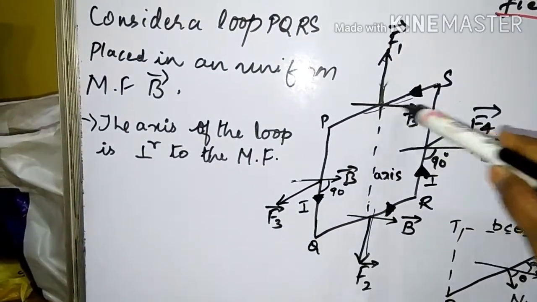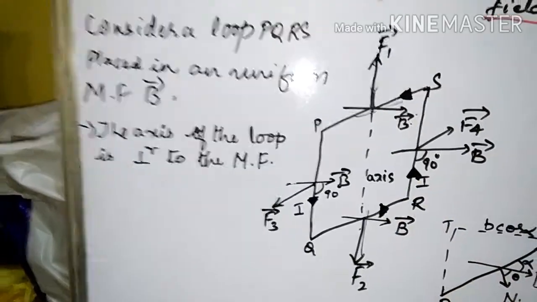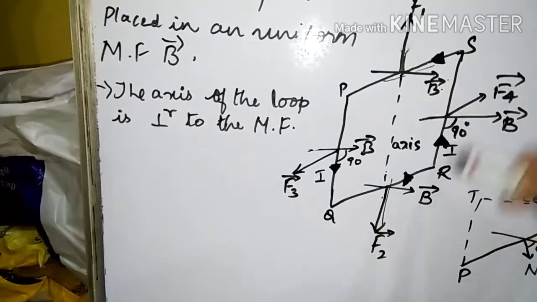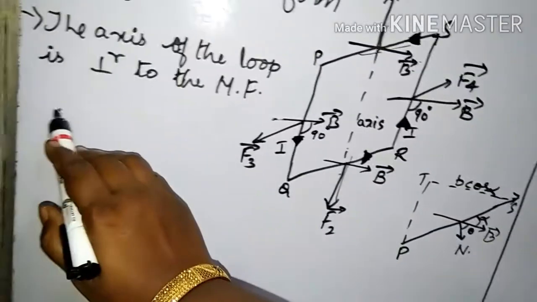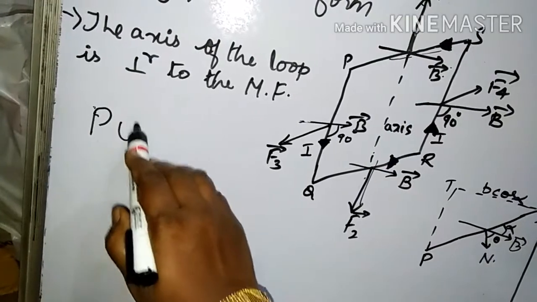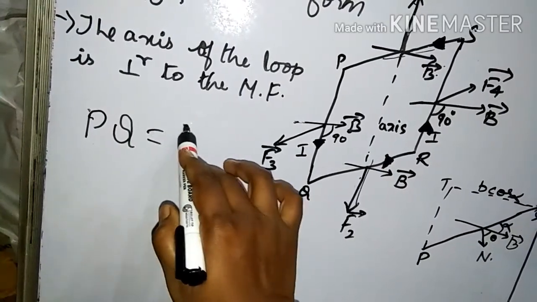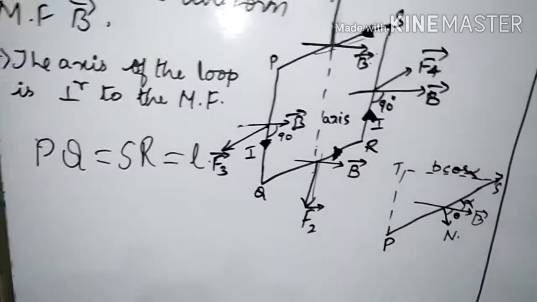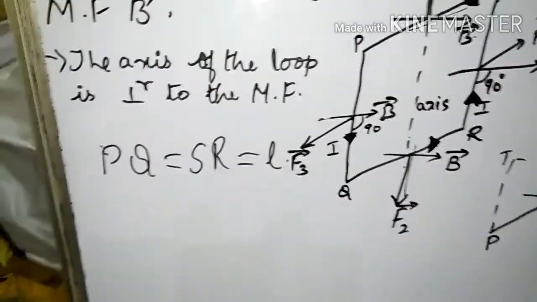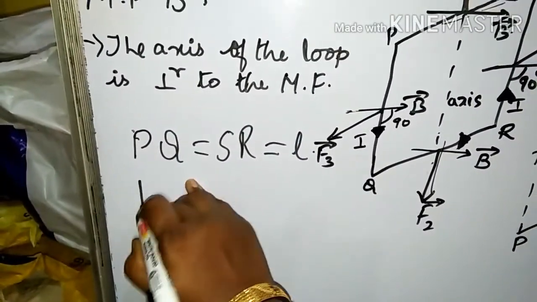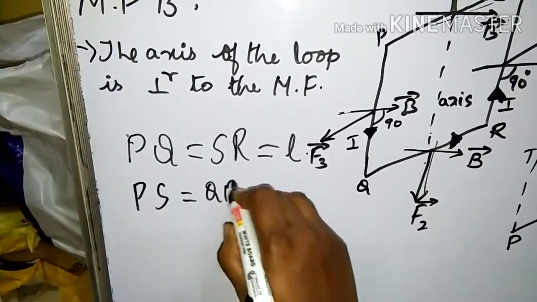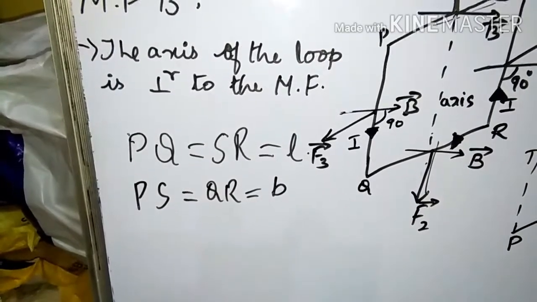So PQ equal to SR equal to L, that is the length of the loop, and PS equal to QR equal to b, the breadth of the loop.